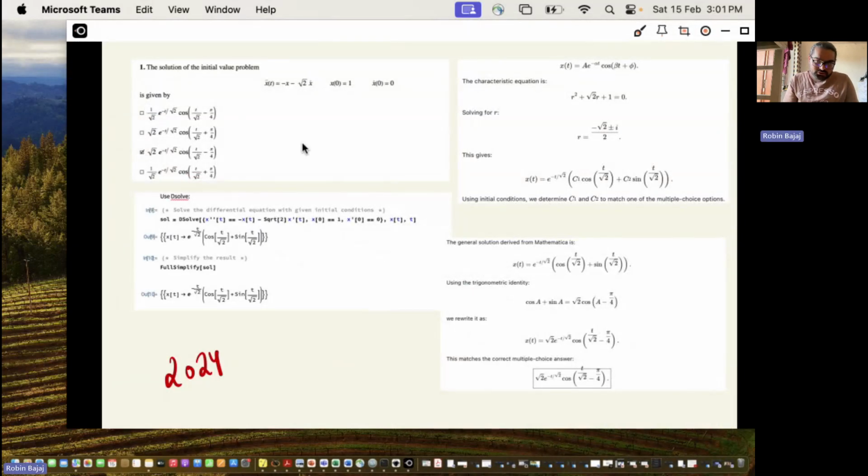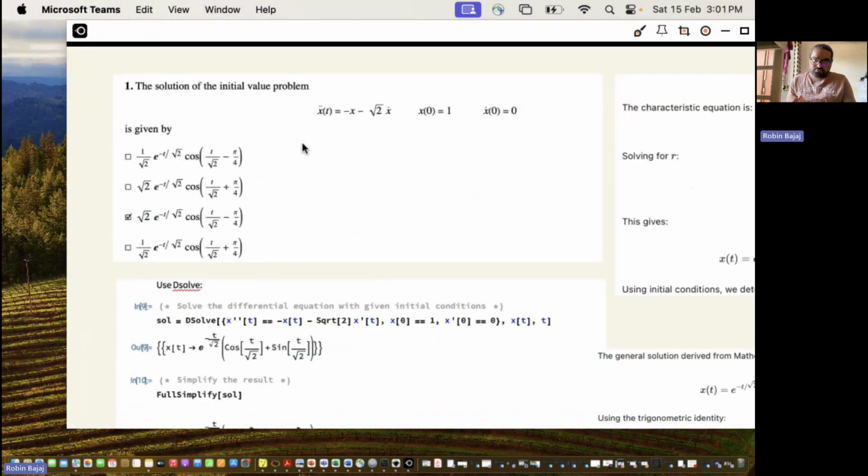Fine. So this is the first problem. It's about solving the initial value problem, as you can see on your screen, given by this differential equation, with the initial conditions x at 0 is this, and x dot, the first derivative at 0, is this.